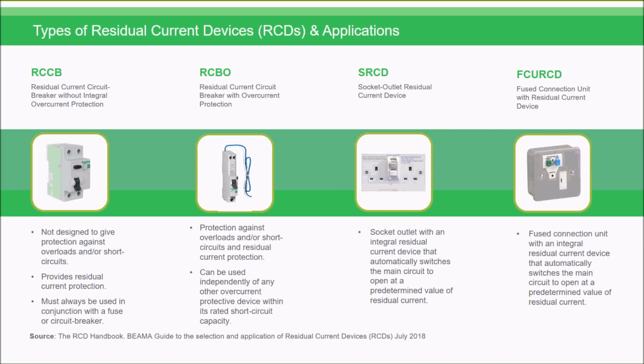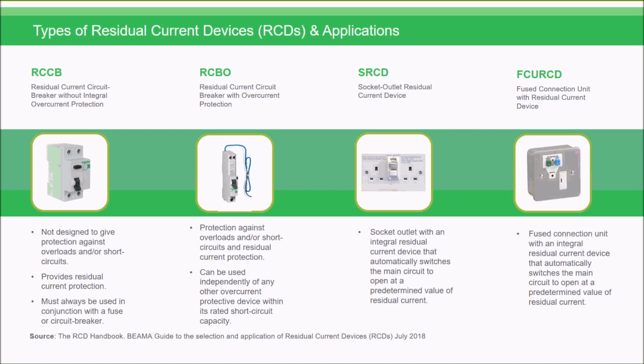You then look at an RCBO, or a residual current circuit breaker with overcurrent protection, and this is a combination device that provides the protection that the RCCB does, but it also provides protection against overloads and short circuits with residual current protection as well. So it can be used independently of any other overcurrent protection device within its rated short circuit capacity.